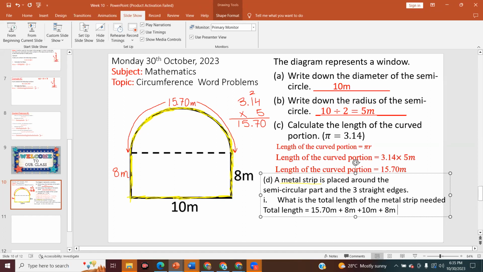So when we add them all up, put your answers inside the chat. Let me see if you understand what we're doing. Add them all up, 15.7, 8, 10, and 8, and put your answers inside the chat for me. Don't forget the units that you need to put as well. I only see 3 persons answering so far, so where are the rest of you?